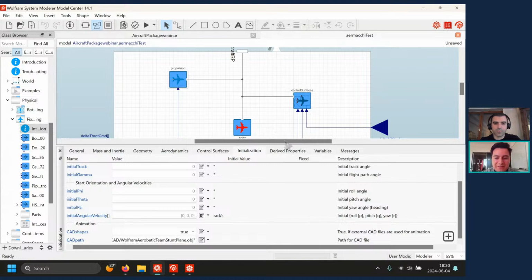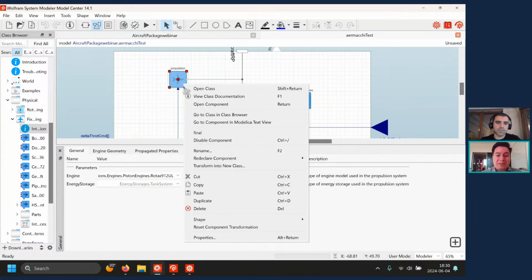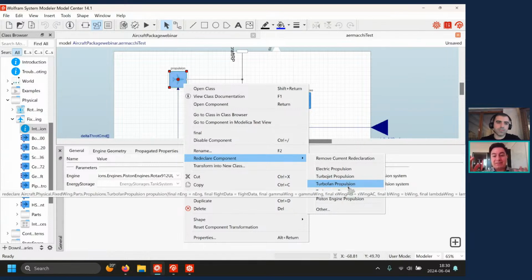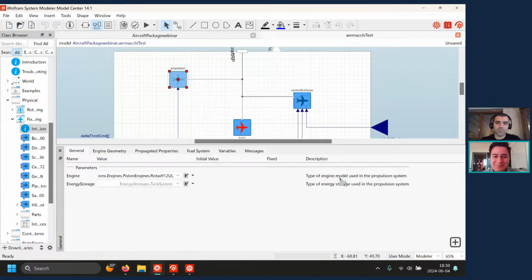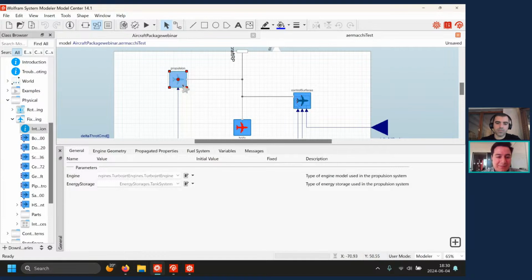Now that we have nothing else to do here, the last thing that's missing is the motor, the engine, the propulsion system. We're going to redeclare the component to one of the existing ones that we have: turbofan, turboprop, and all the others. In this case, we said it was a turbojet. You saw all the other ones that we have.